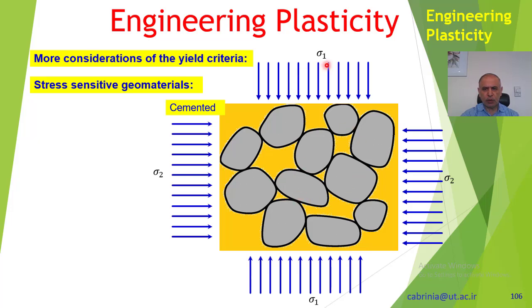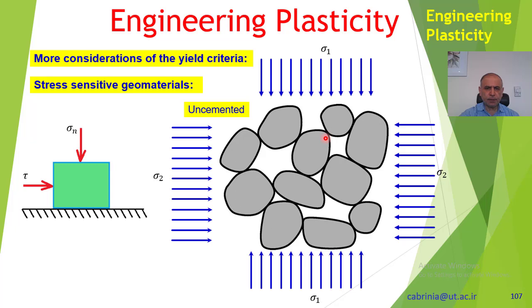And here we have shown that we have two kinds of normal stresses, one in this direction and the other one in this direction. So that's sigma 1 and sigma 2, and this is cemented or glued together. In here we have uncemented grains.